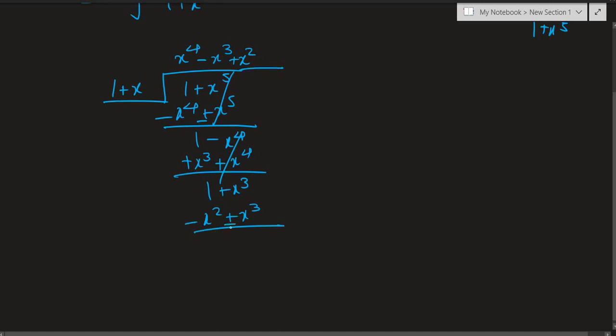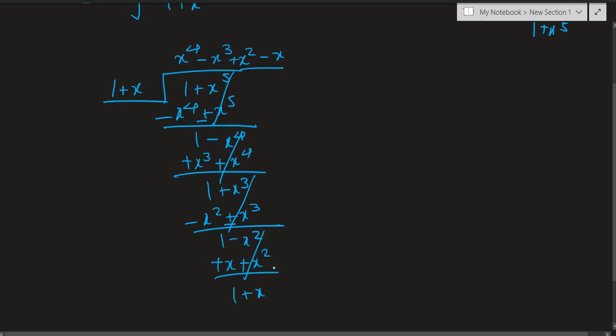Subtract again, we have 1 minus x squared. Now we take negative x, so it's sort of alternating signs, so negative x minus x squared, again minus will make this a plus, these cancel out.